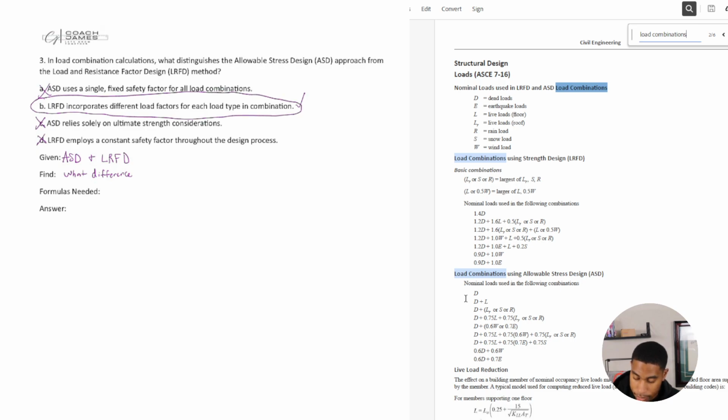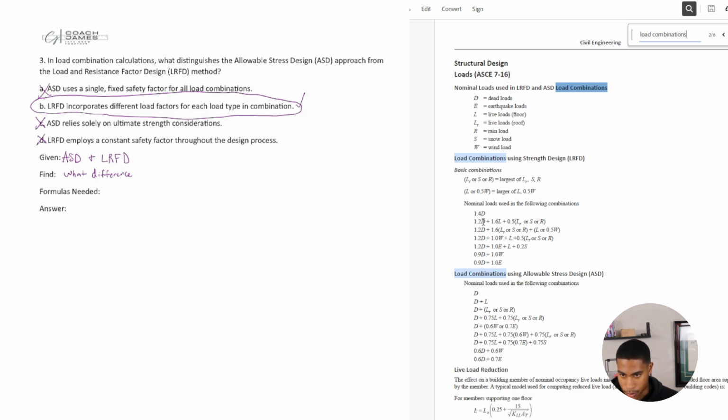So really the main difference is they have different load combination factors. This one has D for that first one, which represents dead load, and then the next one is dead load plus live load. And then for the LRFD method, you have 1.4 D, so that's a load combination factor.